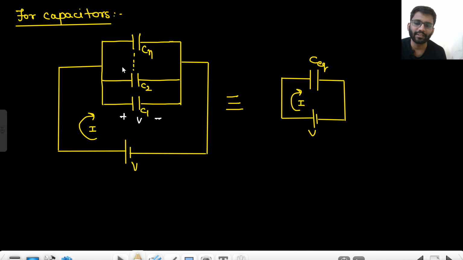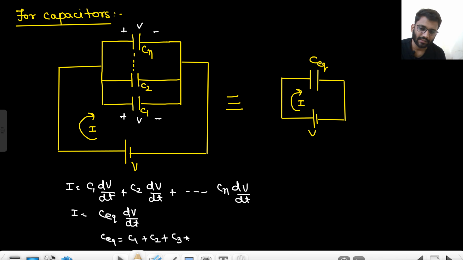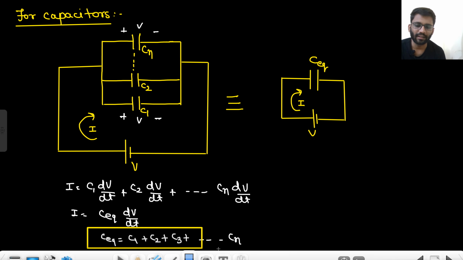All of them have the same voltage V. So I will be equal to C1 dV by dt plus C2 dV by dt, and so on till Cn dV by dt, and also I is equal to C equivalent dV by dt. From here we conclude that C equivalent is C1 plus C2 plus C3 and so on till Cn.